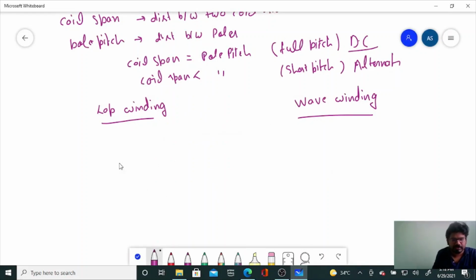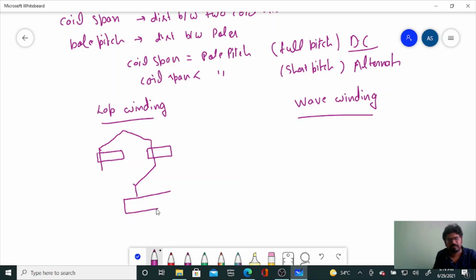So lap winding, if we draw it roughly, will be like this, with overlapping coils connected to segments.